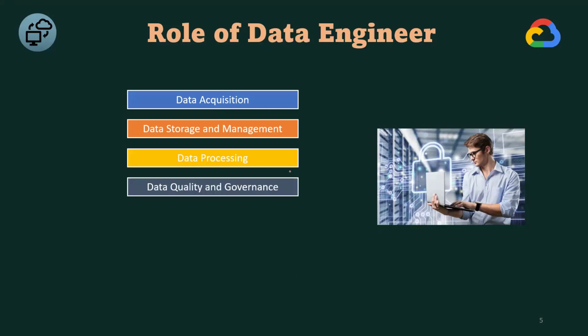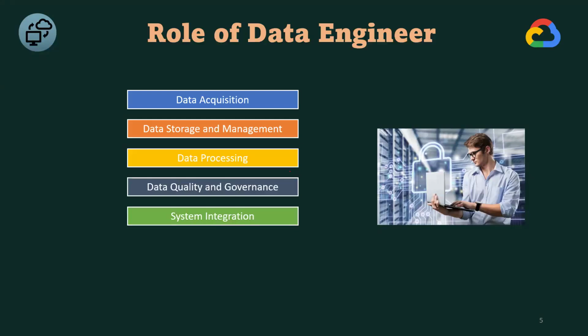Similarly, we need to ensure that the data is of good quality and accurate throughout the platform with the help of data quality and governance. And for system integration, we don't want to do things manually, guys, because if we do things manually, there can be a problem.